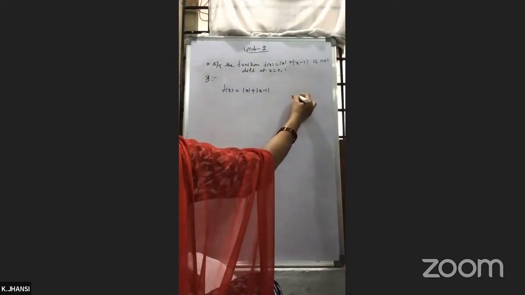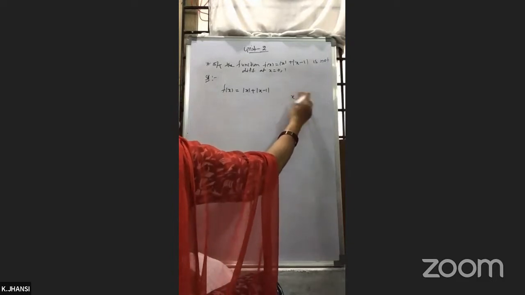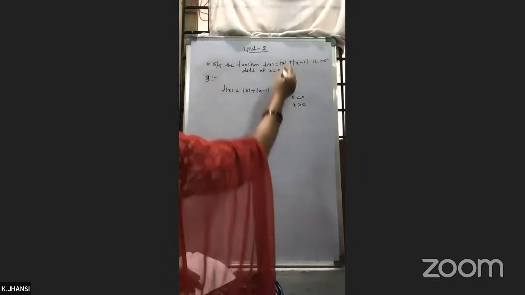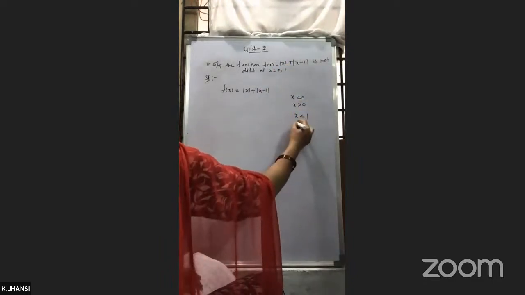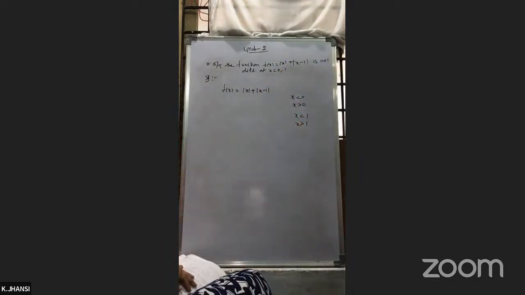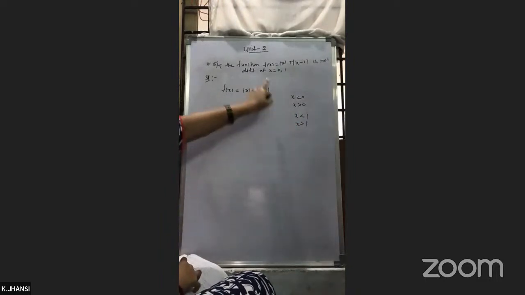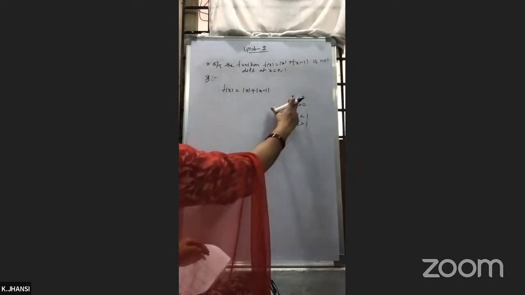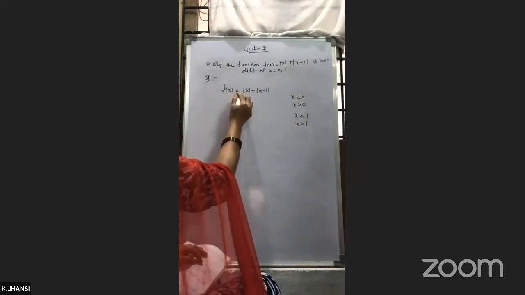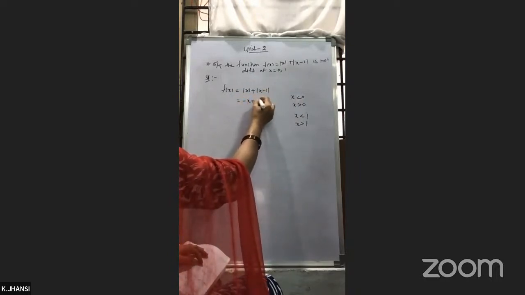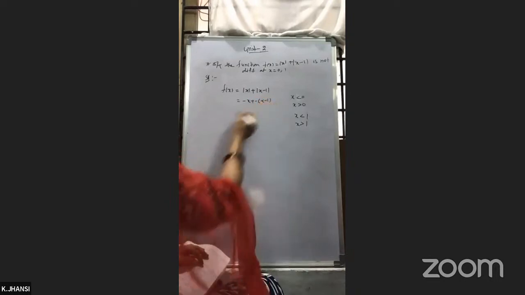So x is, LHD means it is less than 0. RHD means it is greater than 0. And similarly, x is less than 1, x is greater than 1. So at these 4 points, the 4 intervals, we have to see the function. So here we can convert this one. When x is less than 0, what will happen? This will be minus x, and this is minus of x minus 1.